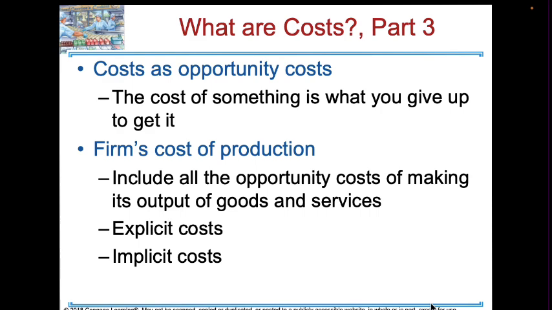Besides this, there is another cost which is called an implicit cost. So the opportunity cost is basically what you give up to get something.